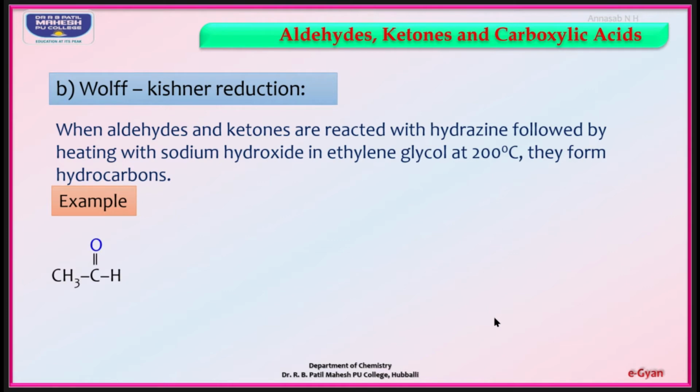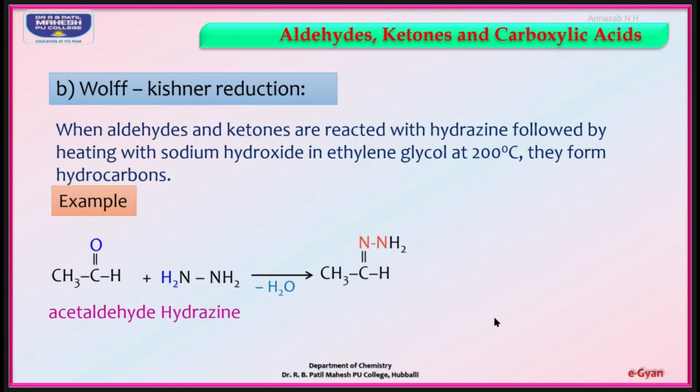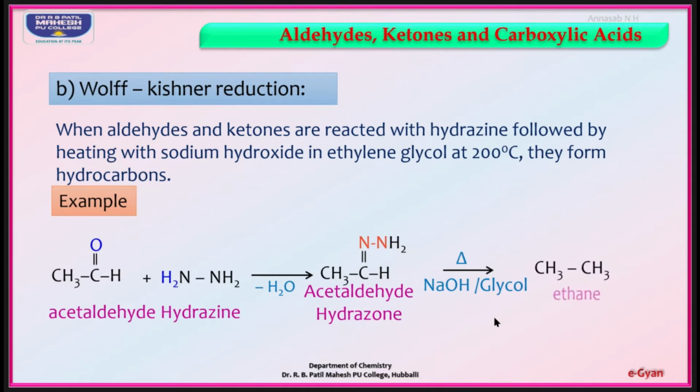CH3CHO, acetaldehyde, when it is treated with hydrazine NH2NH2, gives an intermediate compound, acetaldehyde hydrazone, followed by the reaction with NaOH and ethylene glycol gives the respective hydrocarbon. Acetaldehyde is converted into ethane, and the byproduct formed is N2 gas.